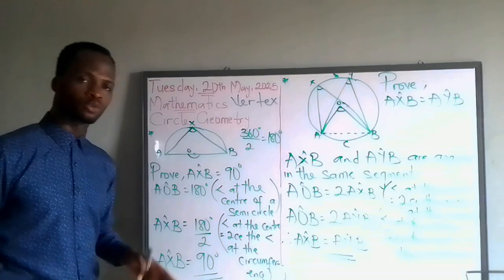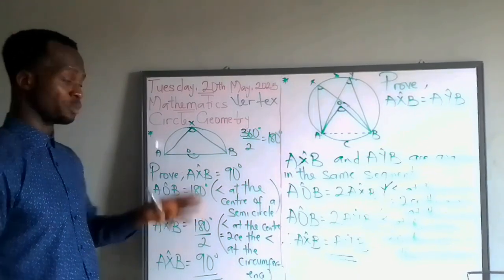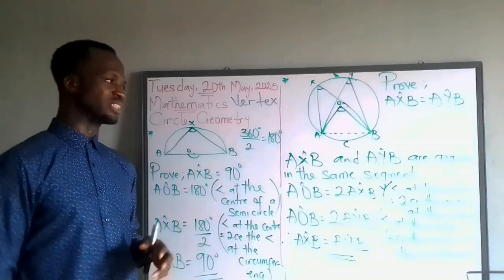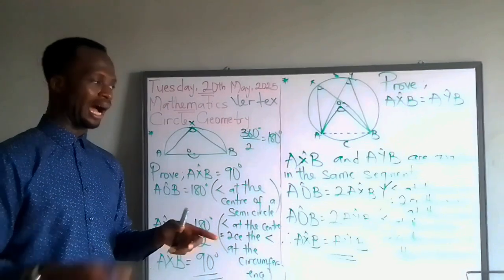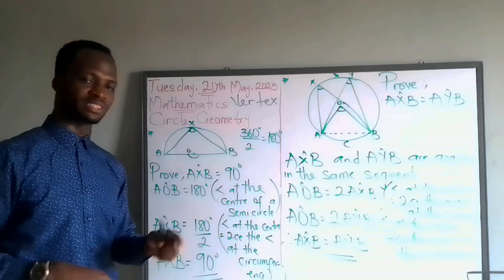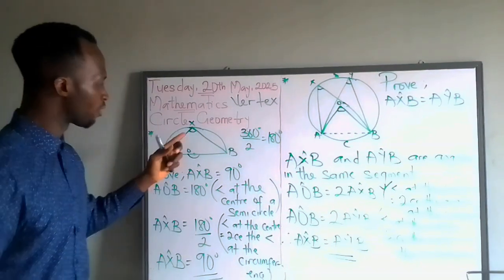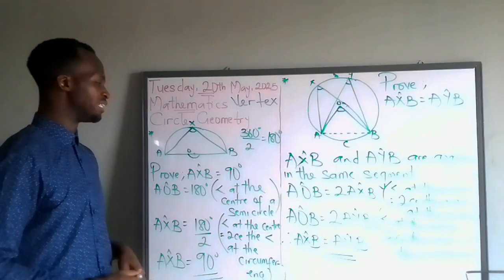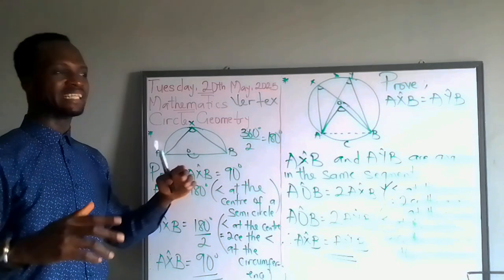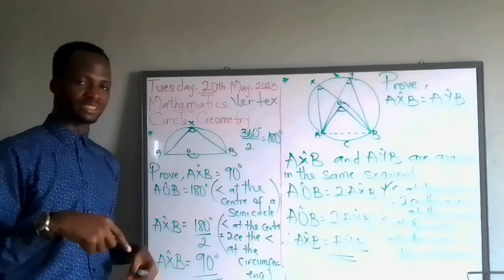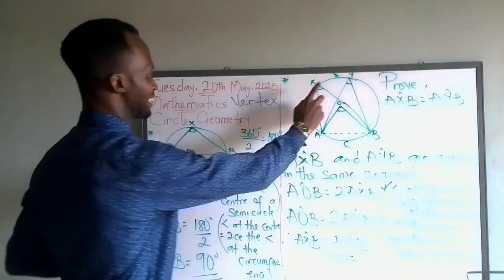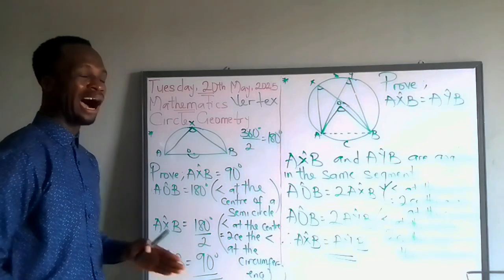So we've been able to prove, first, that the angle at the center of a circle, subtended by an arc, is twice the angle at the remaining part of the circumference. The second theorem we've proved is that the angle in a semicircle, half of a circle, is 90 degrees, a right angle. And the third is that angles in the same segment are equal.